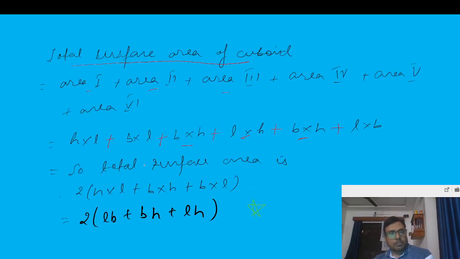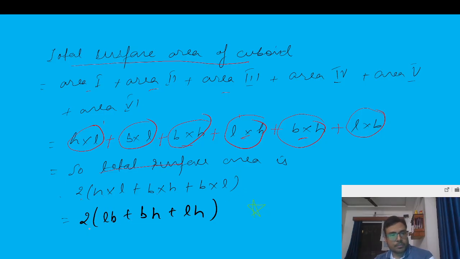So if you sum up, this is h into l, this is l into h, this is 2 into hl; b into l, b into l, this is also 2 into bl; b into h, b into h, this is also 2 into bh. So total surface area is 2 into hl plus bl plus bh.